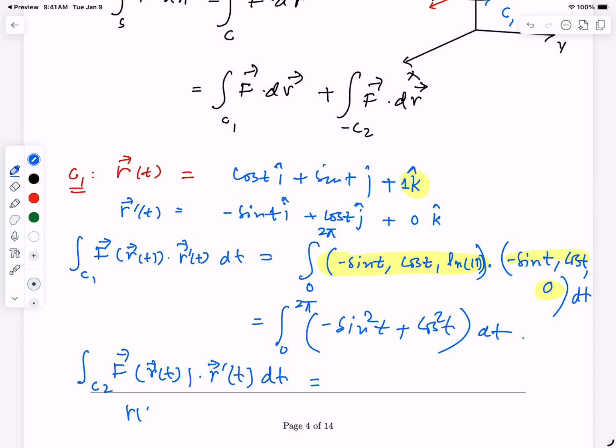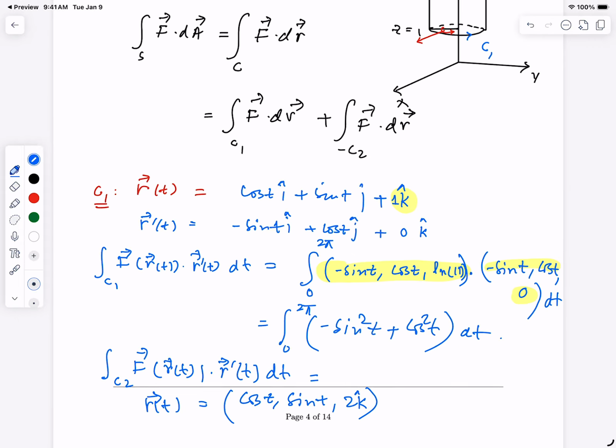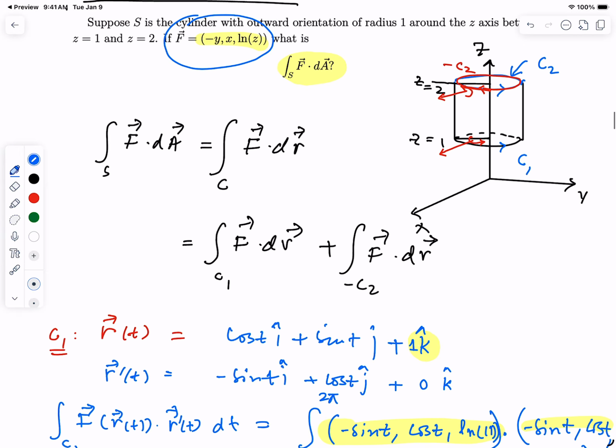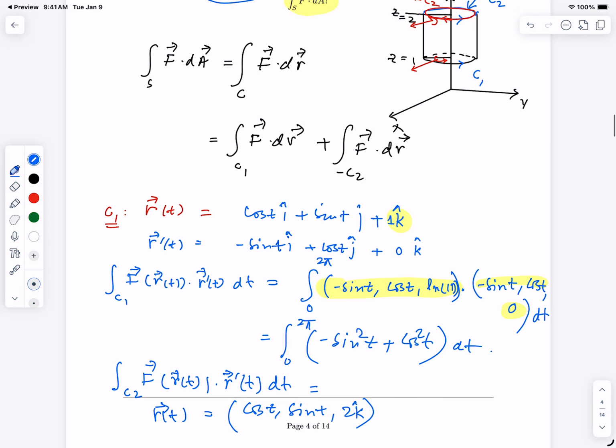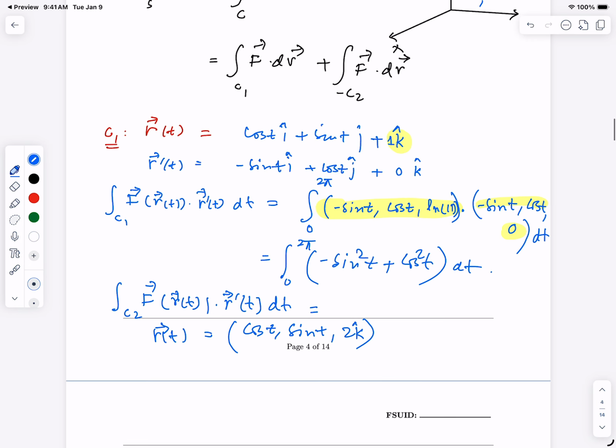For this one, you start with r of t to be, what do you think? It is cosine t, sine t, and 2k. Agree? Because this circle is in the plane z is equal to 2, that's why the value of z is equal to 2.